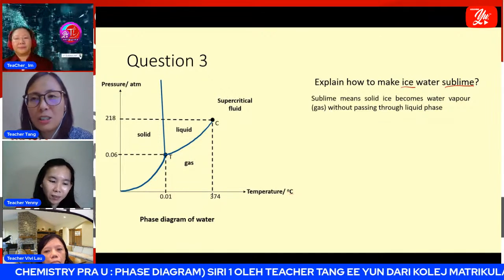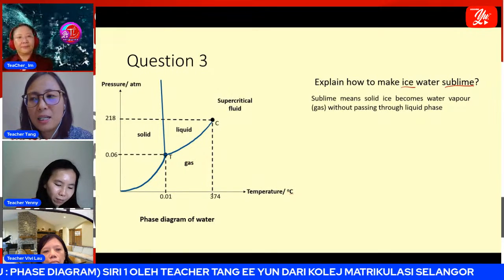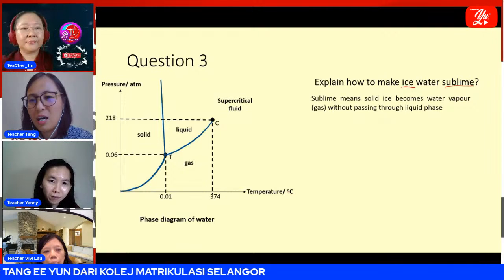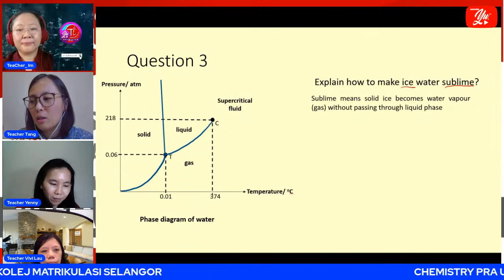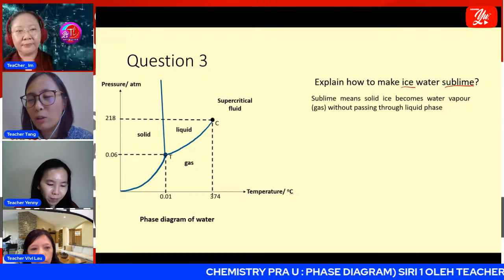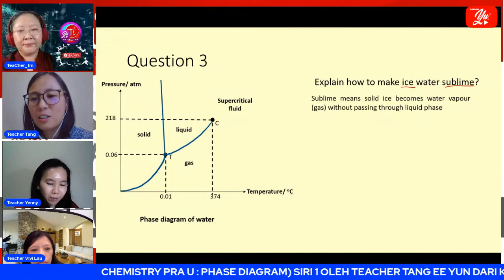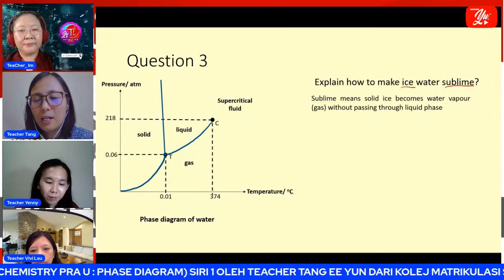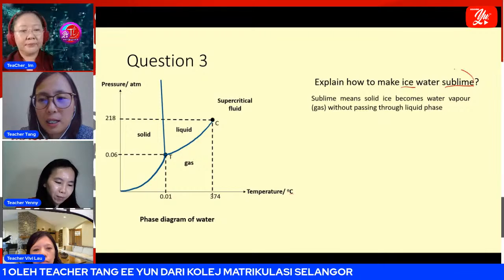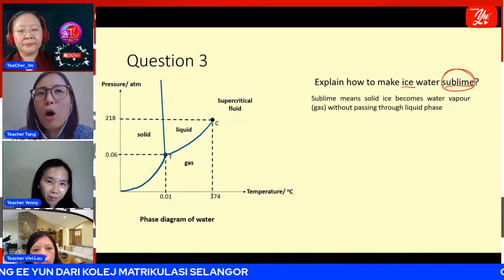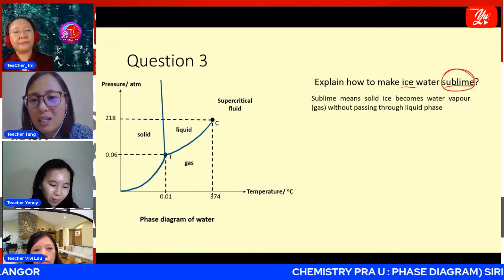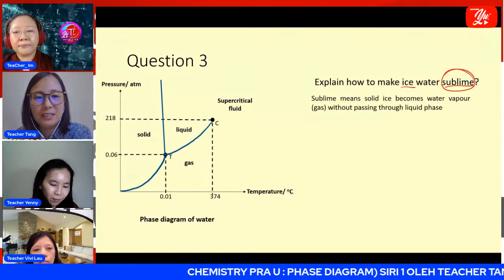What does sublimation mean? Sublimation means the solid changes to gas. So solid ice converts to water vapor gas without passing through the liquid phase. You must first understand this. So sublime here refers to solid ice becoming water vapor gas without passing through the liquid phase.